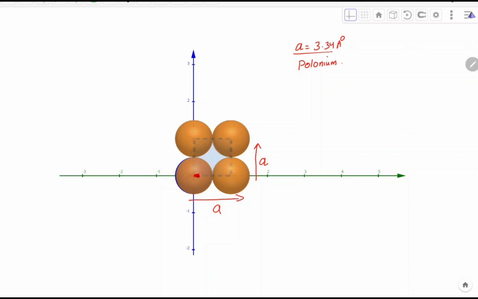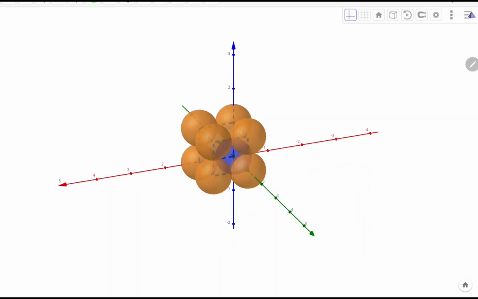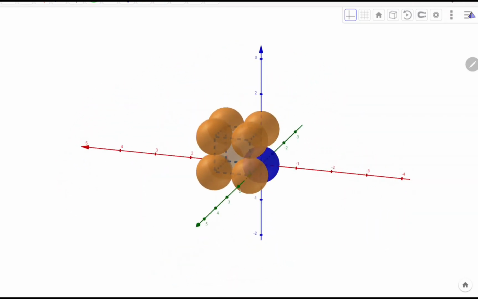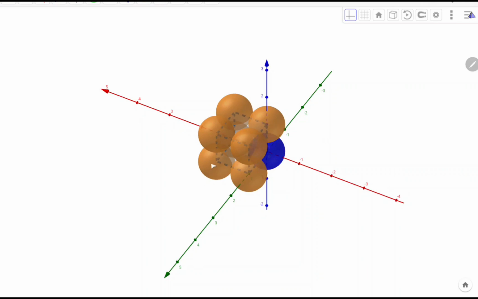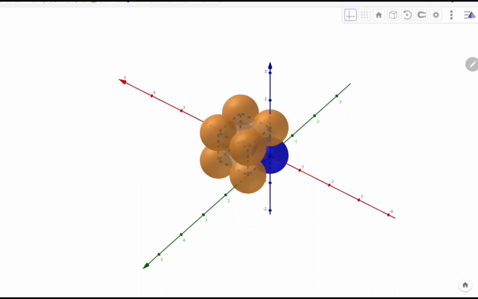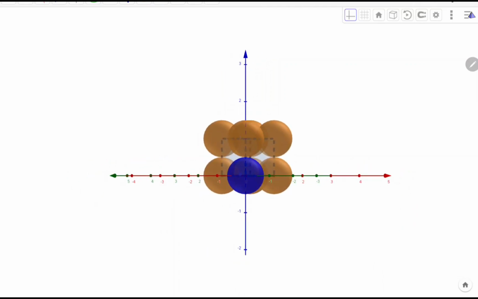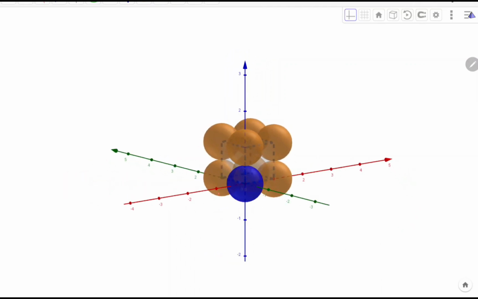The number of atoms per primitive cell is equal to 1. Now, we have 8 atoms in the corners of the cube. That's 1, 2, 3, 4, 5, 6, 7, 8, and this one here is the same as the yellow one, but we make it blue just to mark it as the origin.